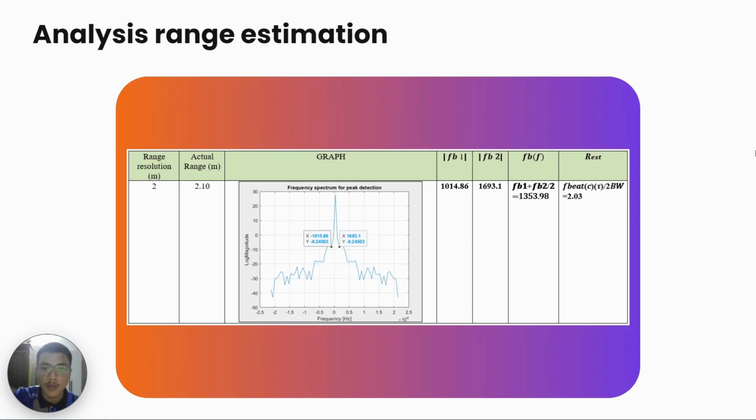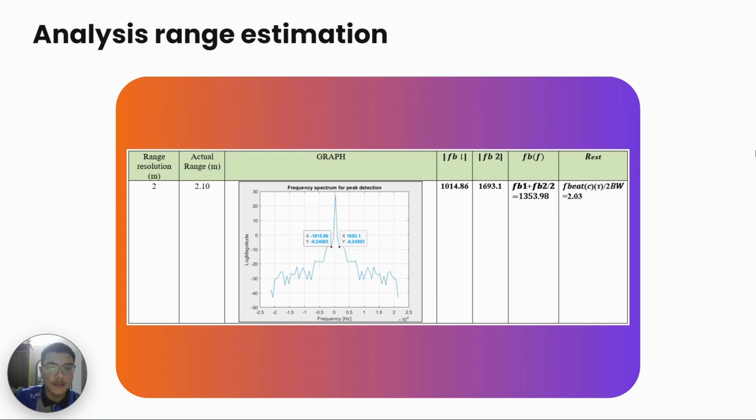For the range estimation formula, we use the FMCW range formula: the range is C, the speed of light, times the frequency 1 and frequency 2, multiplied by the time itself, and then divided by 2 and the bandwidth, and then we get the range estimation.